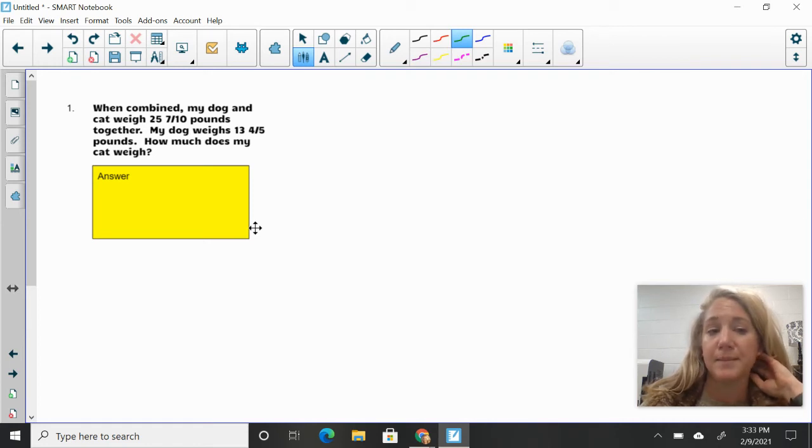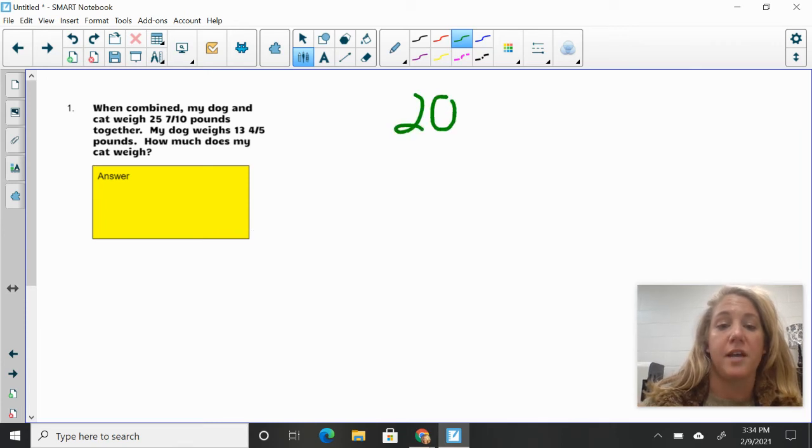Okay, sometimes when I have a word problem, I substitute my numbers for simpler numbers to figure out what I need to do. So instead of having all these mixed numbers, for example, if my dog and cat weighed 20 pounds altogether, and my dog weighed 13 pounds, then how much does my cat weigh?